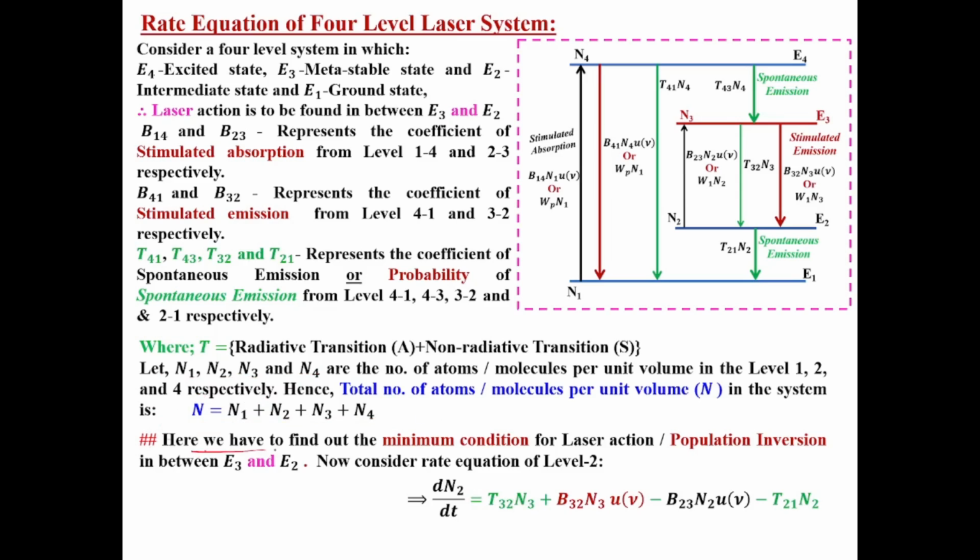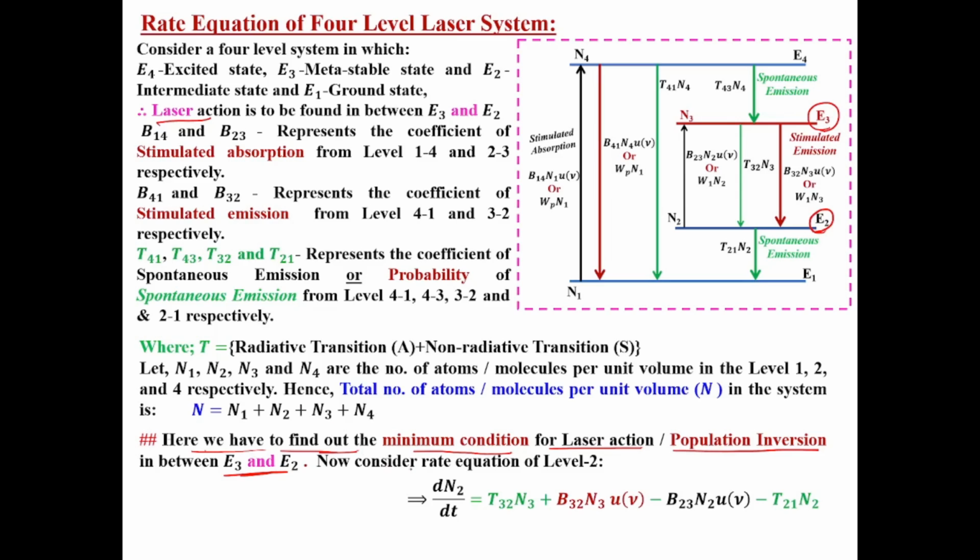Our objective is to find the minimum condition for laser action, or population inversion, between levels 3 and 2, because between 3 and 2 we get the laser action. We want to find the minimum population condition at which laser oscillation is going to happen.